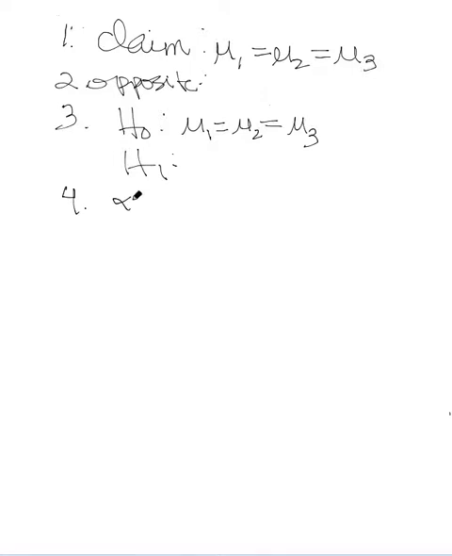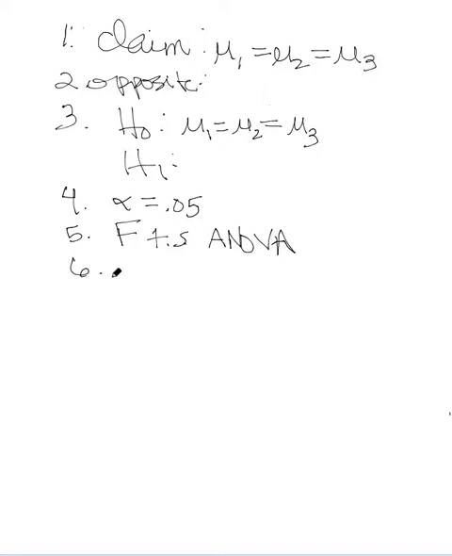Step number 4, alpha is given as 0.05. Step 5, in this section, we are using the F-test statistic, and I would suggest writing out the test as well, ANOVA. That stands for the analysis of the variance. So I would write that for step 5.